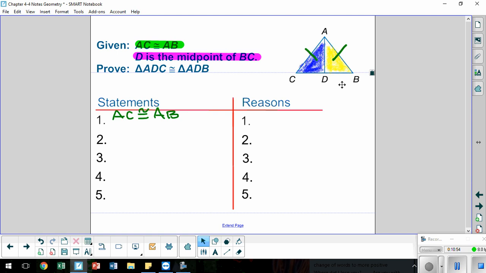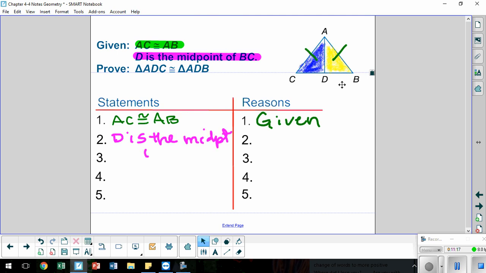Okay, so I get it. The next one: B is the midpoint of BC.